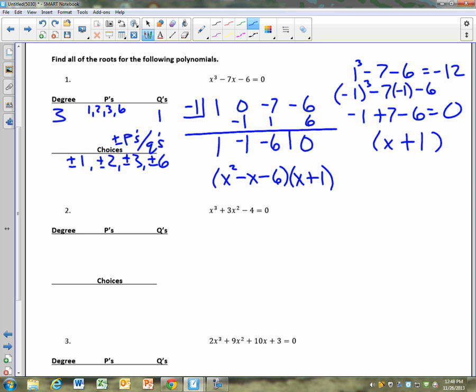Does x squared minus x minus 6 factor? Yeah. To x minus 3, x plus 2, x plus 1. So that polynomial factors into those 3 parts. It's degree 3, so we know it has 3 solutions. What are the 3 solutions?